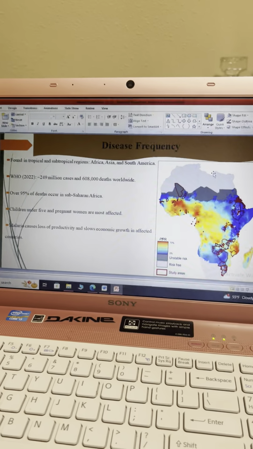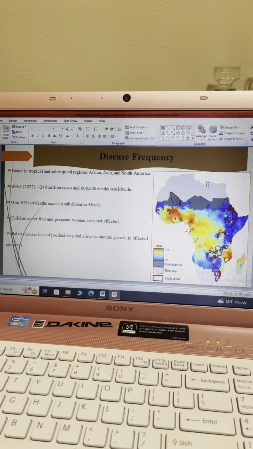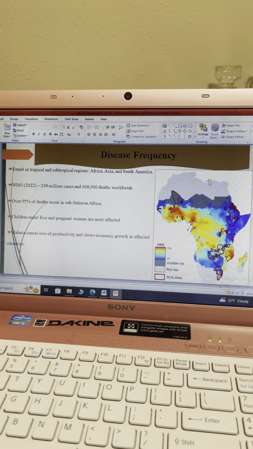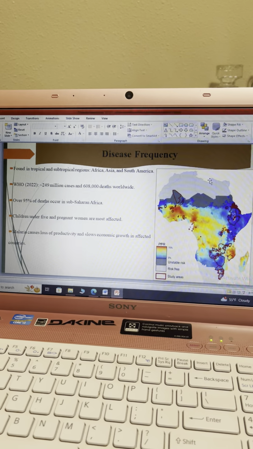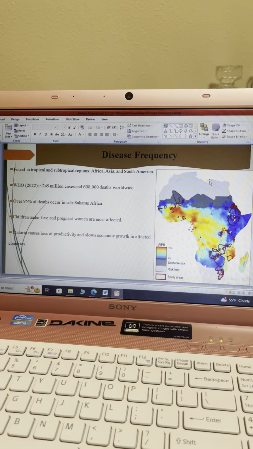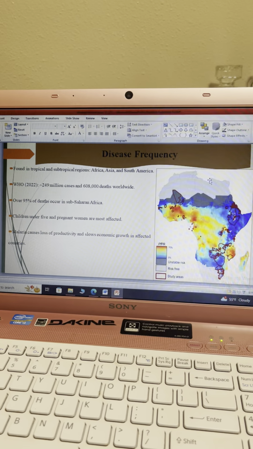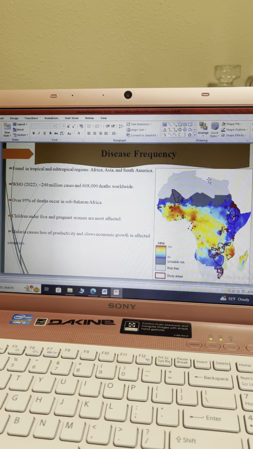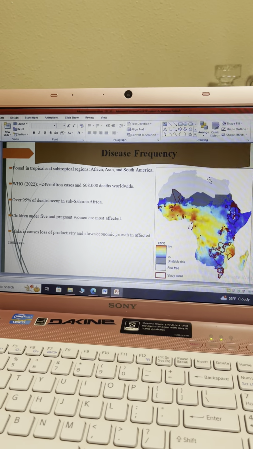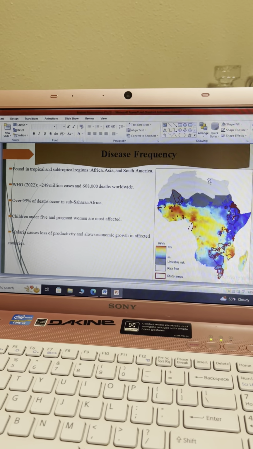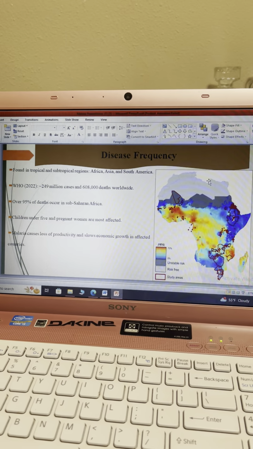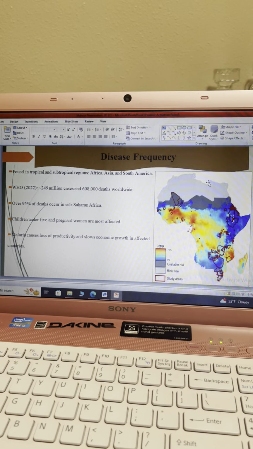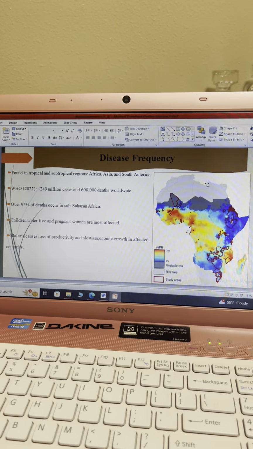Disease frequency. It is found in tropical and subtropical regions. These are in Africa, Asia, and South America. According to the World Health Organization 2022, 249 million cases and 608,000 deaths were reported worldwide. Over 95% of these deaths occur in sub-Saharan Africa.